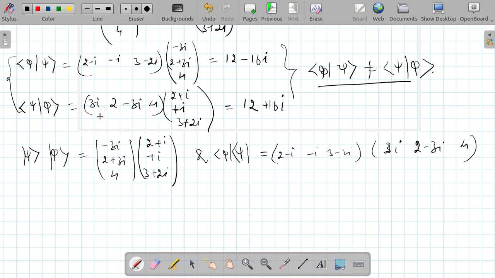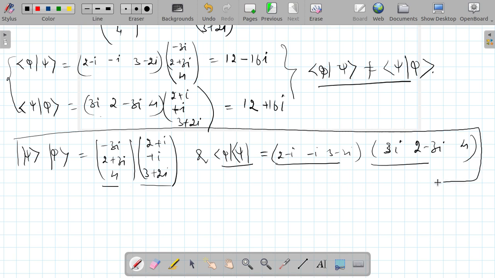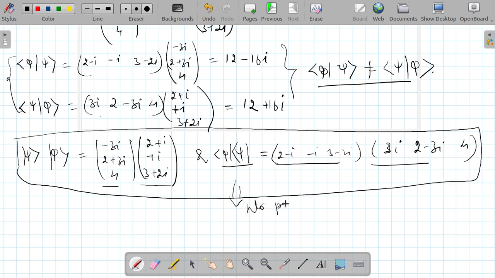Since it is a column matrix, the product of two column matrices is not possible. Similarly, the product of two row matrices is also not possible. So these two terms are not possible to calculate, or this product is not feasible.